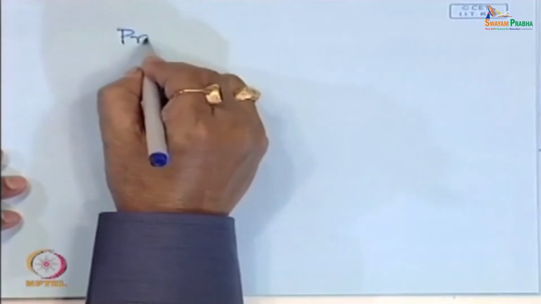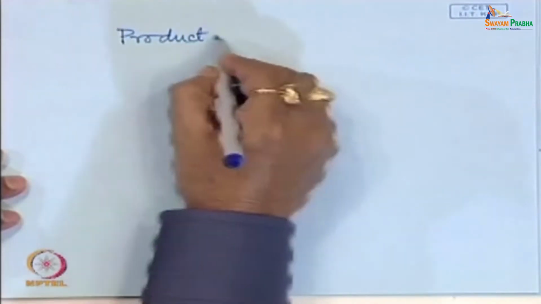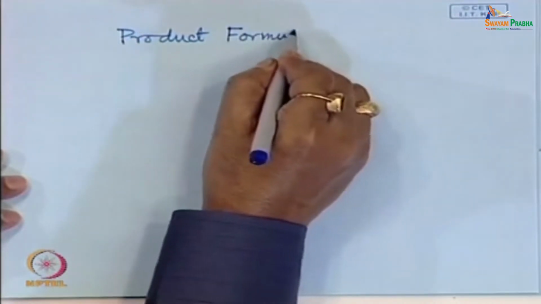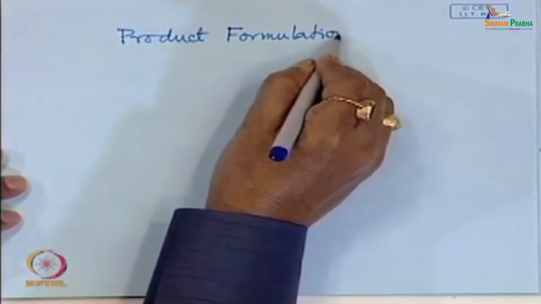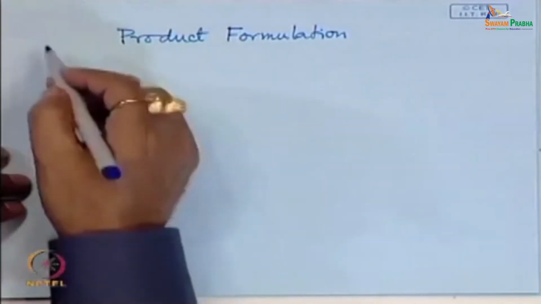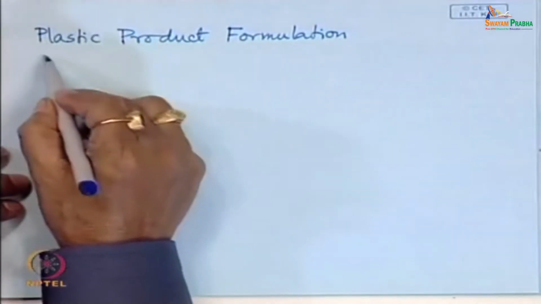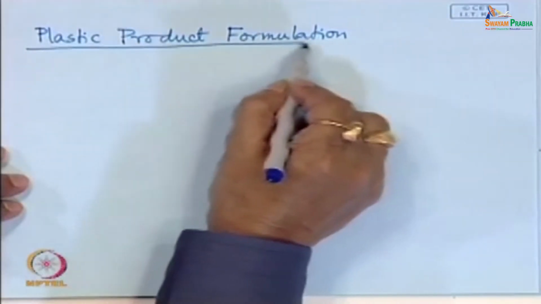We are going to make a product formulation, say a plastic product formulation. First, we have to make a formulation, a recipe.